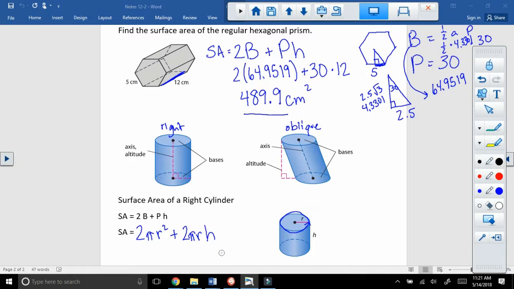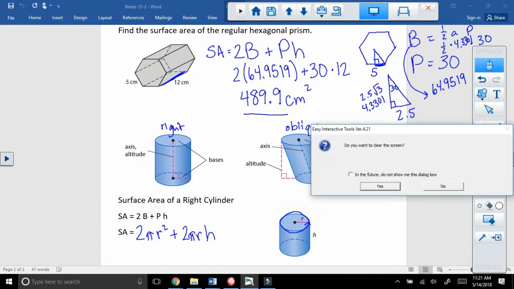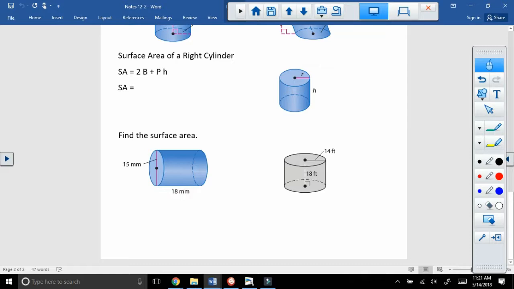So then you can take these numbers and just plug them into the formula. These are usually easier for students because you're just finding what the radius is and what the height is and plugging numbers into the formula. You're going to want to make sure you're typing them into your calculator correctly, but other than that, they're not too bad.